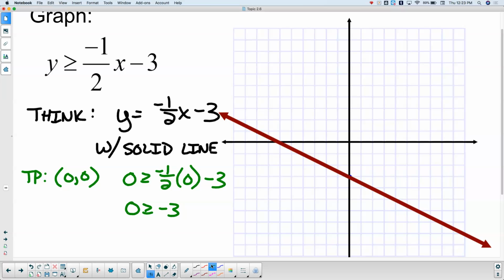Yes, that is a true statement. So that's where my test point was. So because it's true, we're going to shade on the side of the truth. We're always going to be on the side of the truth.